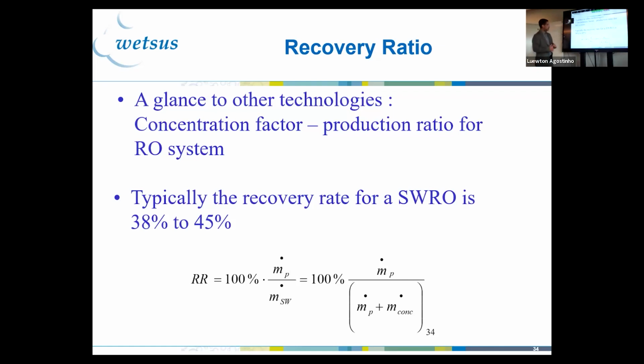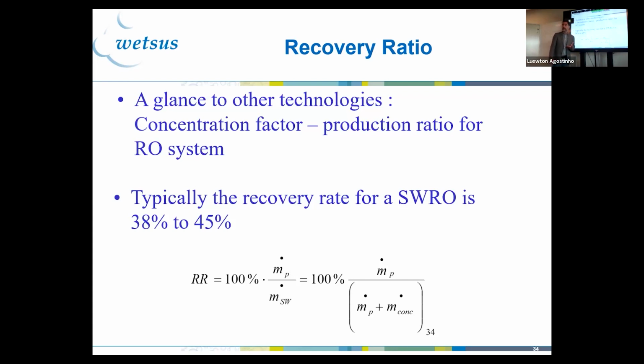But another term, another coefficient that we use a lot in desalination is the recovery rate. Right? And the recovery rate is exactly the inverse of that. So what you do is divide basically the total mass of your permeate or your treated water by the mass of your seawater. Remember, this is flux. I have an M here, but this is flux. And then what you get is your recovery.